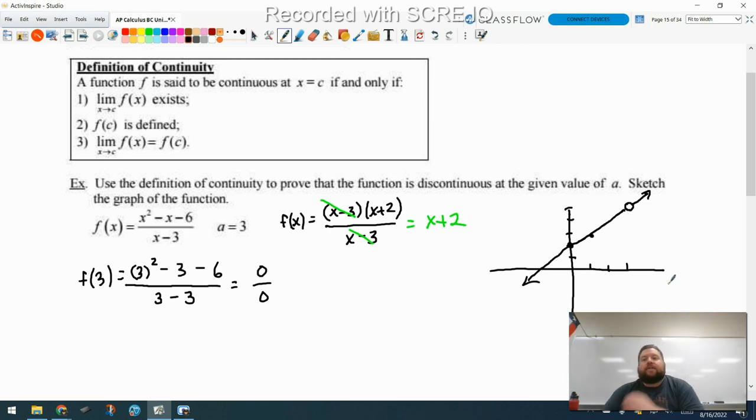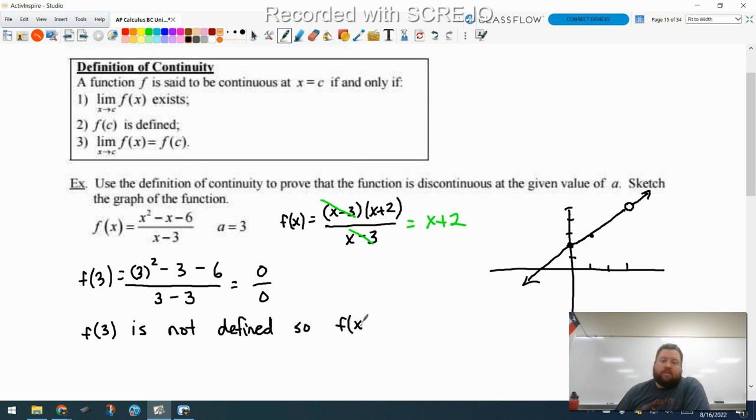Okay, so now we've proven that we could say here that f of 3 is not defined. So f of x is discontinuous at a equals 3, or x equals 3, whatever. It's a point discontinuity, so you would have to redefine this original function.